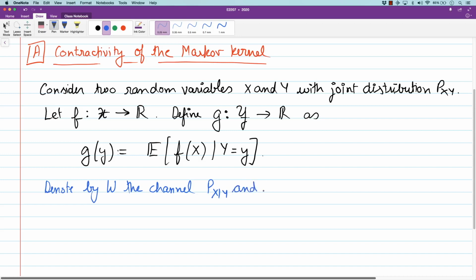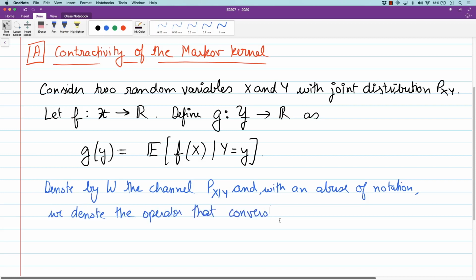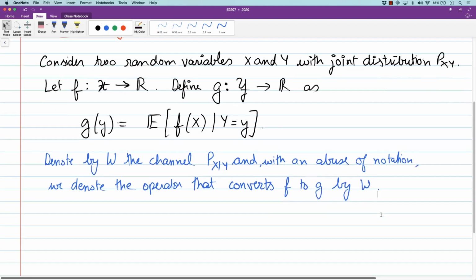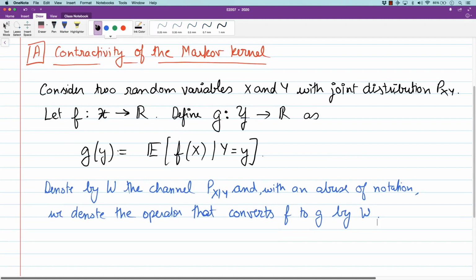And with an abuse of notation, we denote the operator that converts f to g by W. So what we have seen here is basically g equals W of f.